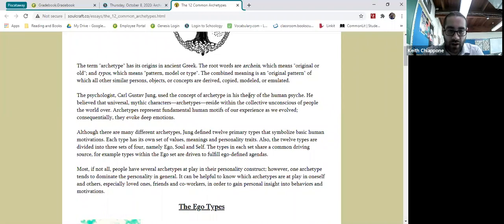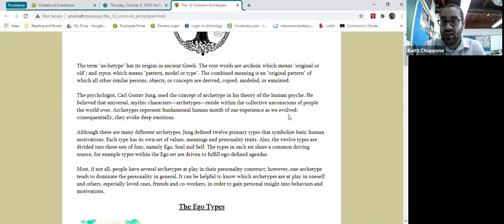You'll probably read about him in high school and college. But they are, I think this sentence here, fundamental human motifs of our experiences. So a character is a hero because they have certain traits. A person is an anti-hero, again, because they have certain traits, certain motivations, certain experiences, certain desires.